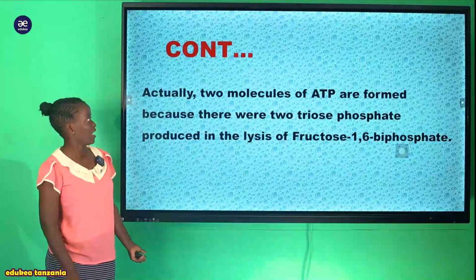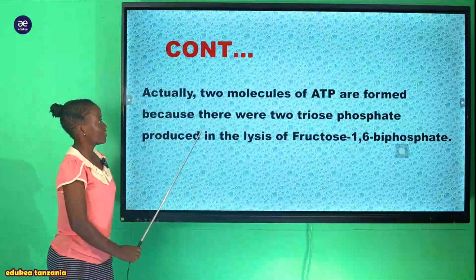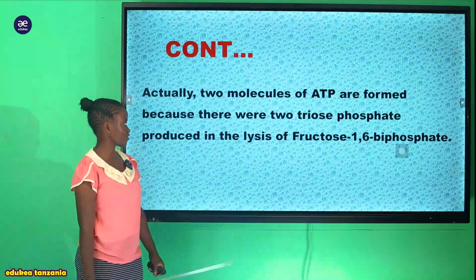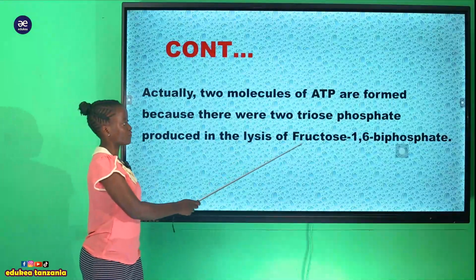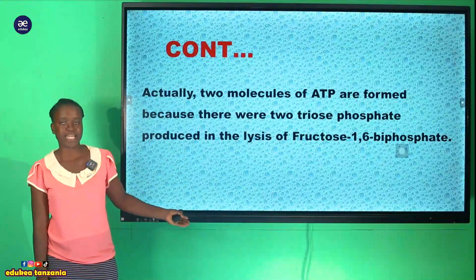So you can see, and actually 2 molecules of ATP are formed because there were 2 triose produced in the lysis of a fructose, that is 1,6 biphosphate. This is what I explained earlier.